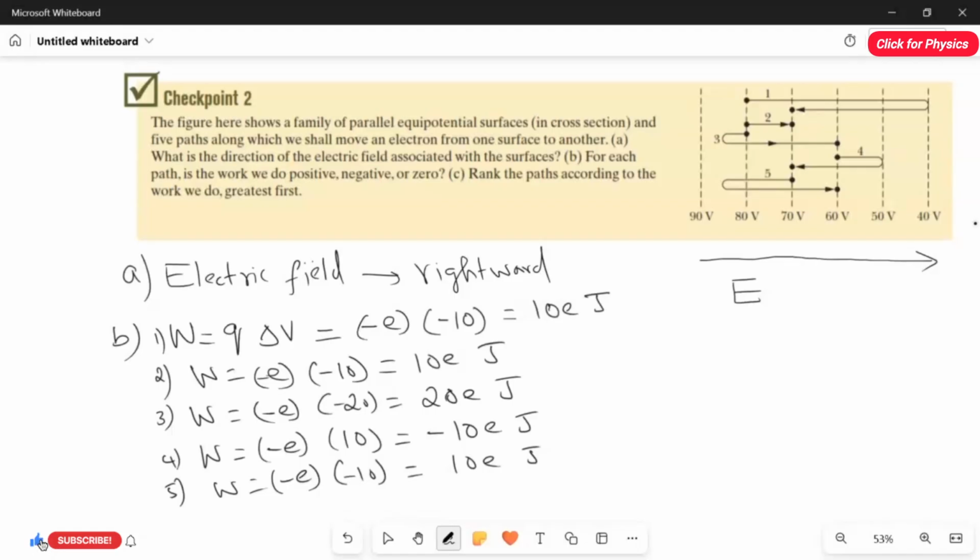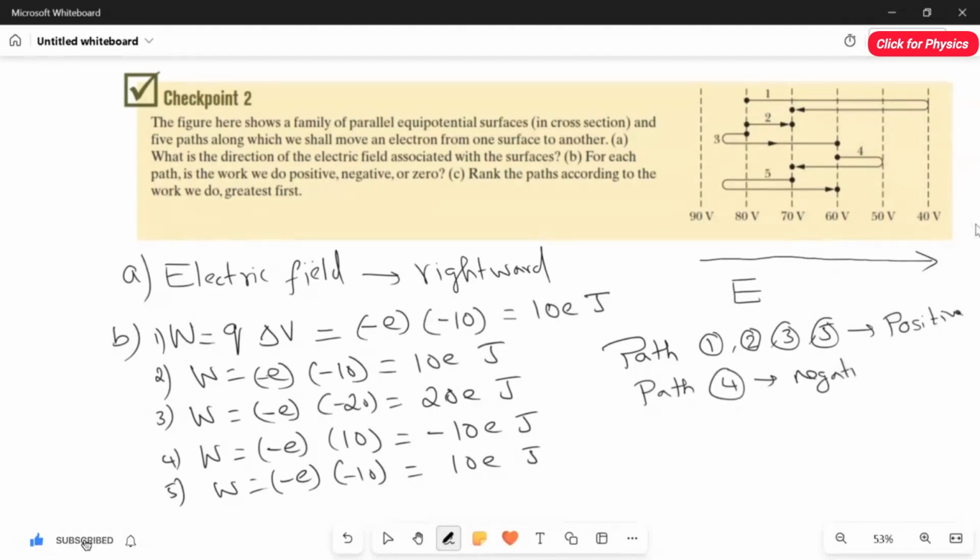Based on the answers, paths 1, 2, 3, and 5 do positive work, and path 4 does negative work, because we got the answer as negative. So this is the answer for part B.